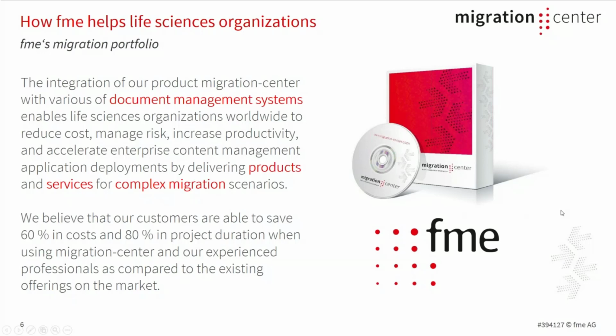FME performs 2 to 3 dry runs in migrating these critical documents. The customers and FME get an understanding about the best way to migrate the documents. This minimizes the technical risks and guarantees a smooth migration. The result of this approach is that all projects have been delivered in time and in budget.